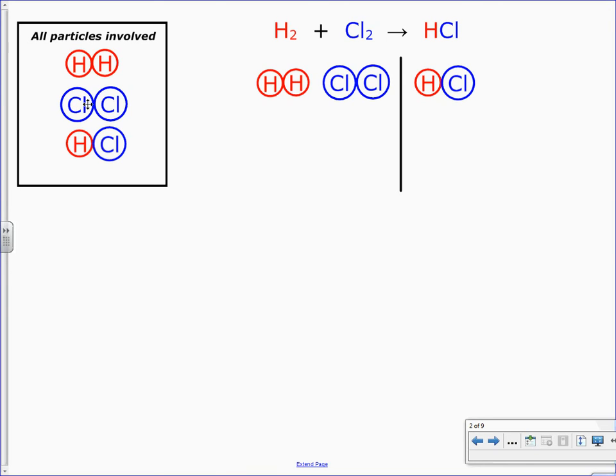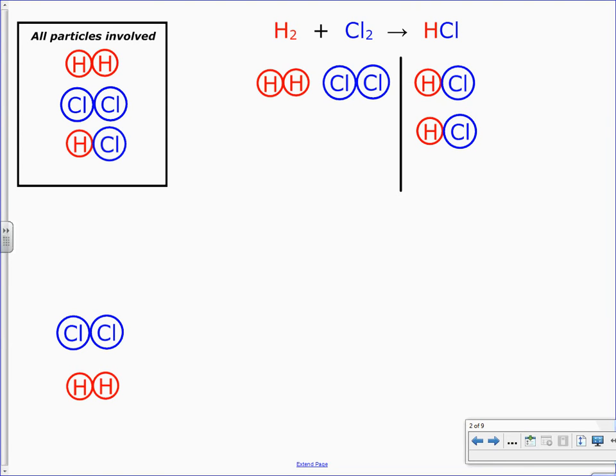So we could add in, say, another H2, but we couldn't just add in another H on its own. You have to stick to copies of the molecules involved directly. Again, you could add in another Cl2, but you can't just write in a third Cl. And with this HCl here, the only thing we could add is another HCl. And that's really how we balance it here.